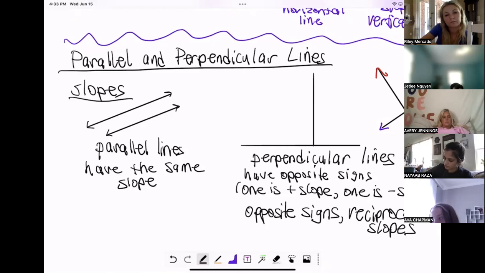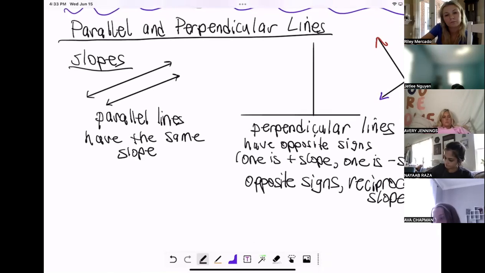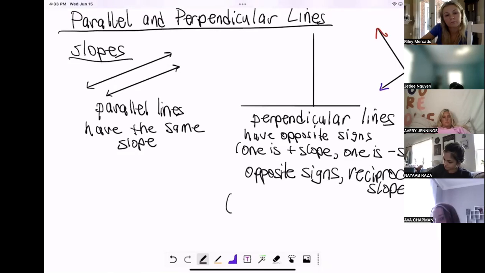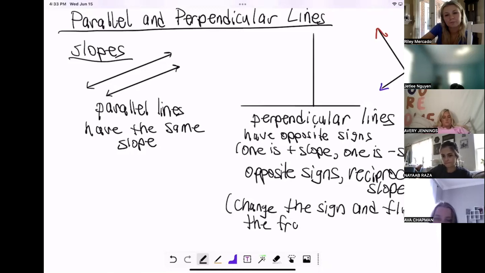Remember what reciprocal means? I'm gonna put it in my words. Change the sign and flip the fraction.